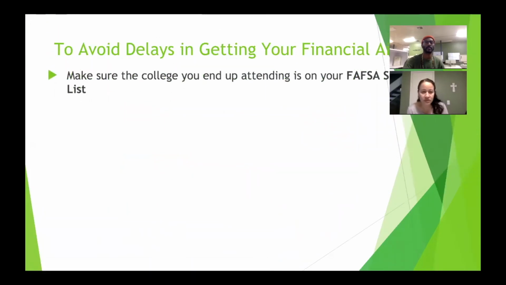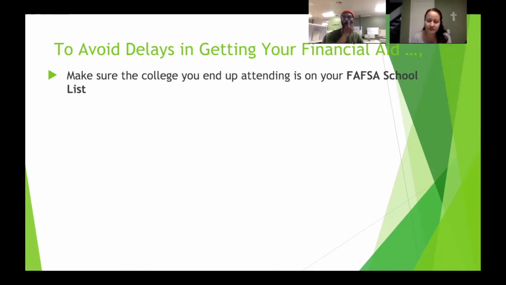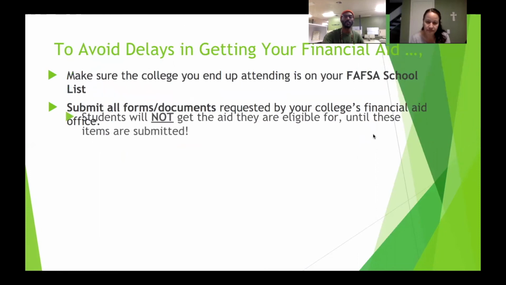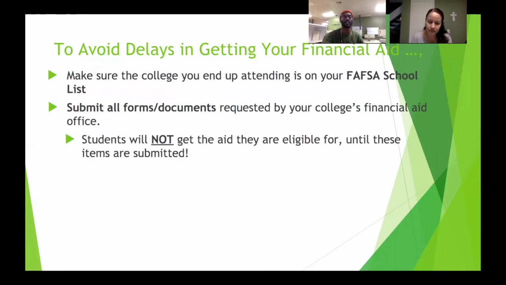There are several things you can do to avoid delays in getting your financial aid. Make sure the college you end up attending is on your FAFSA school list. Submit all forms and documents requested by your college's financial aid office. Students will not get the aid that they're eligible for until these items are submitted.